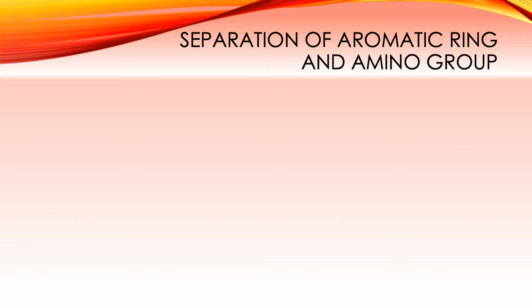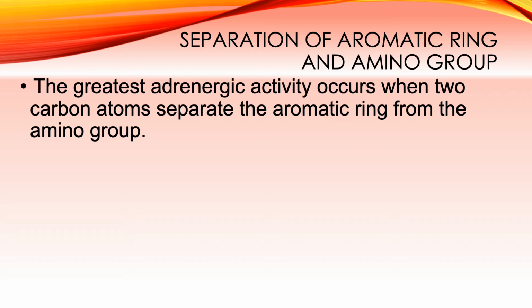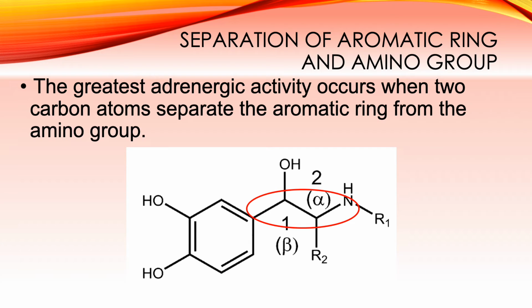So our aromatic ring and amino group have to be separated with two carbon atoms. Between our aromatic ring and the amino group, there should only be two carbon atoms in this figure here. So that will promote maximum adrenergic agonism.